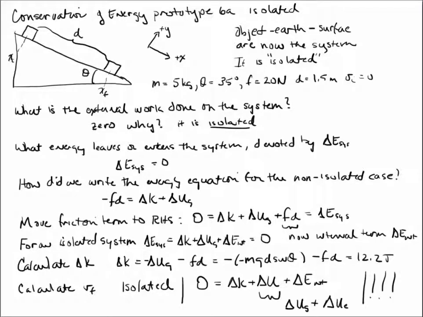And it's important to note that this change in potential energy may include terms from the change in gravitational potential energy as well as terms from elastic potential energy. End of discussion.